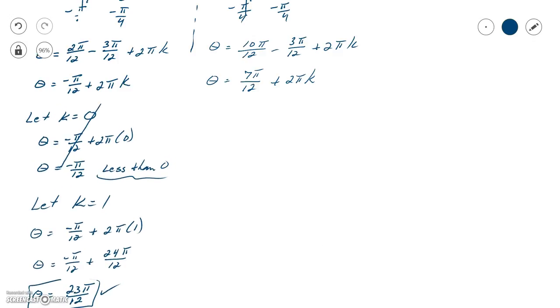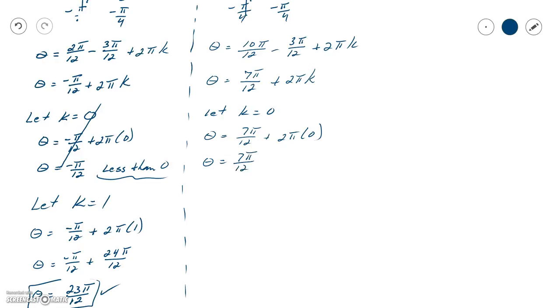All right, let's move back up then to our other equation, 7 pi over 12 plus 2k pi. So we're going to let k equal 0. Theta equals 7 pi over 12 plus 2 pi times 0. So that's just going to give me 7 pi over 12, which is in the range of 0 to 2 pi. So I like that one, 7 pi over 12. Put a box around that.